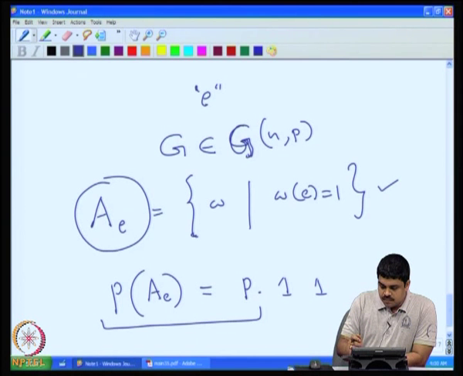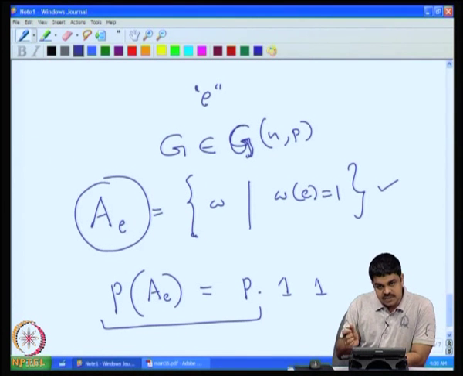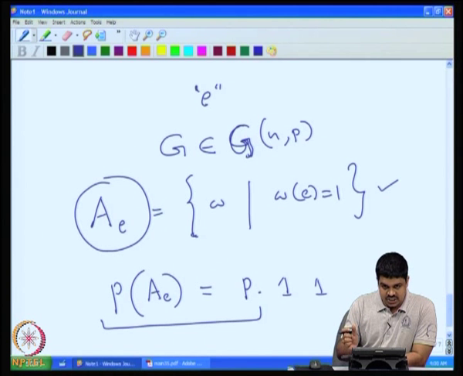Now, how can you find it out? Suppose this edge is present, and what about the next edge? In some graphs it is present, in some graphs it is not present, right.